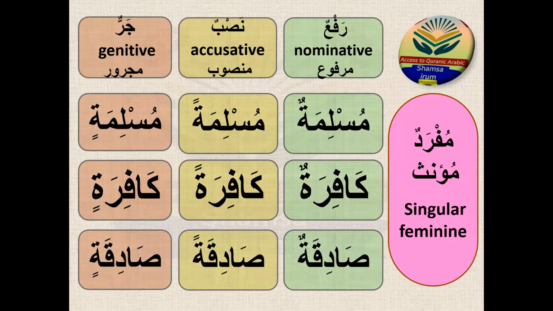I wrote all of these together, and now if I ask what's the i'rab of the green column, because they all finish on the dhamma, I should say the dhamma because it can be a single haraka. At the moment I'm showing you the double haraka. So muslimatun, kafiratun, sadiqatun. The case ending here is dhamma, so it means it falls in the category of rafa, marfu. They all are marfu words.